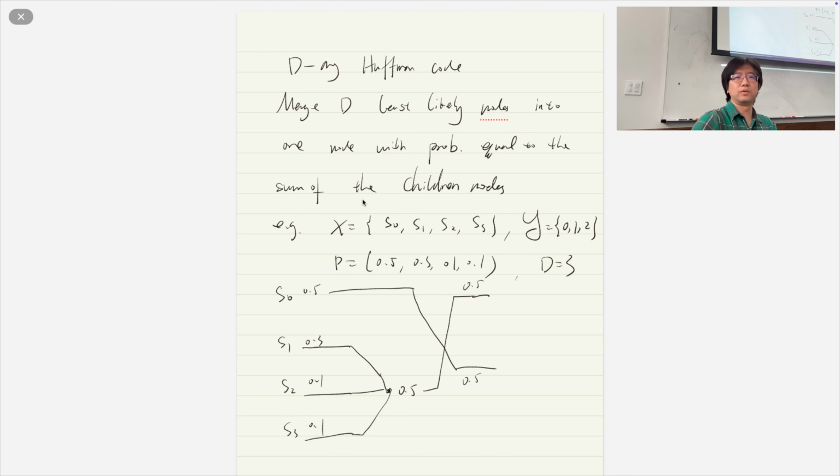Here we merge the D least likely nodes, D is 3, and now we only have 2. So it basically means that we need one more. What do we do? Any idea? Exactly, that's exactly what we do.